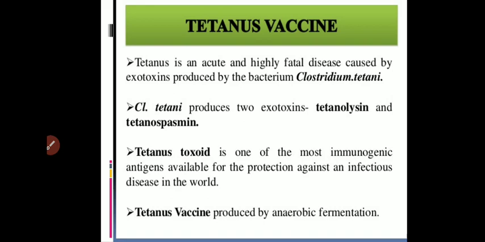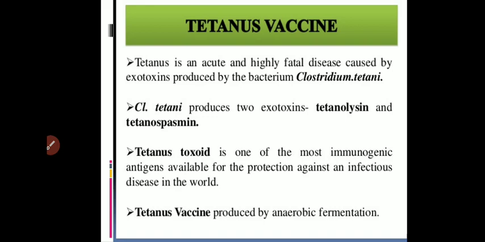Tetanus toxoid is one of the most immunogenic antigens available for protection against an infectious disease in the world. As tetanus is caused by Clostridium tetani and it is ubiquitous, that is, found everywhere, this disease is spread all over the world, and against it the most effective immunogenic antigen is the tetanus toxoid.